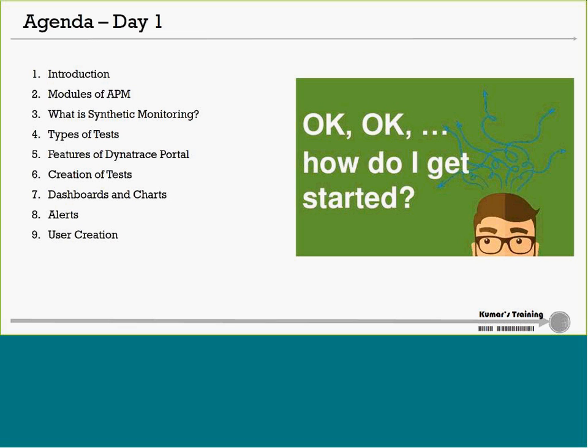We have dashboards and charts. We'll see how to create a dashboard, how to create a chart. Then we will probably be looking into how to create an alert. Something goes wrong from the application which you are monitoring and you want to see an alert. We will see how the alert is being sent.